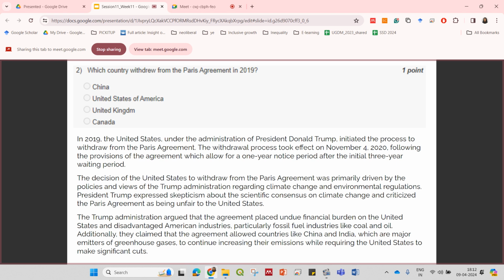Following the withdrawal of United States from the Paris Agreement, several other countries like New Zealand, Japan, Canada, they also withdrew from the agreement. However, United States was the first country to withdraw, and they withdrew in 2019, which this question is asking about. So I hope this is clear.